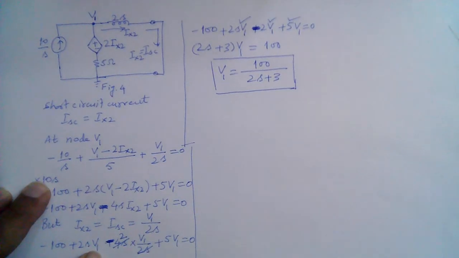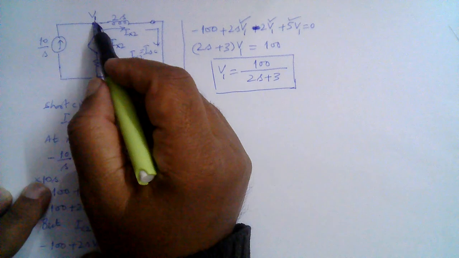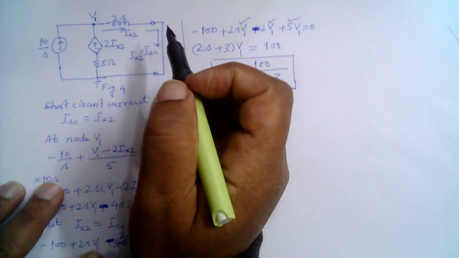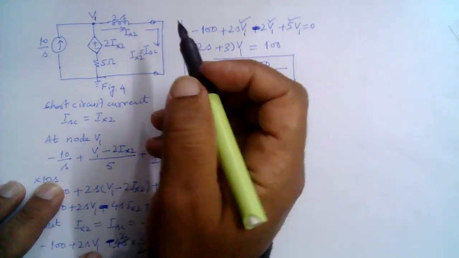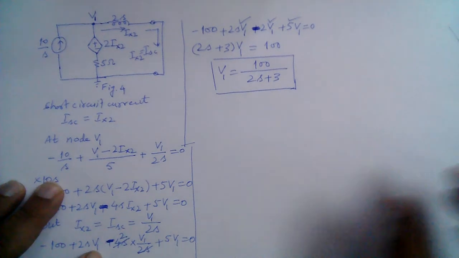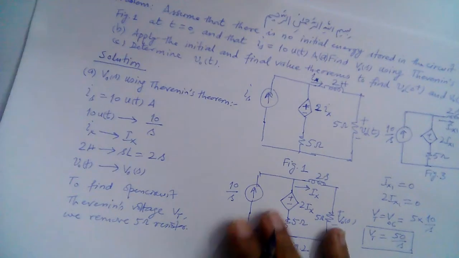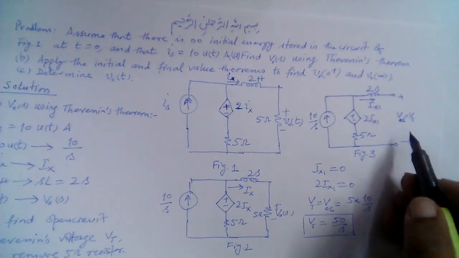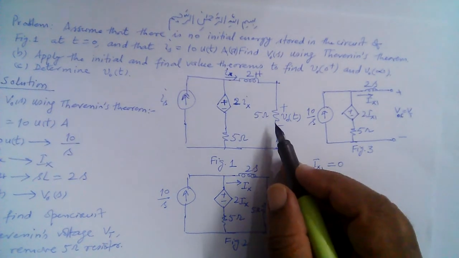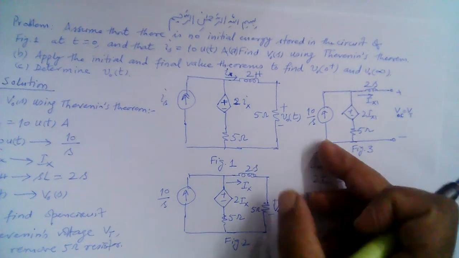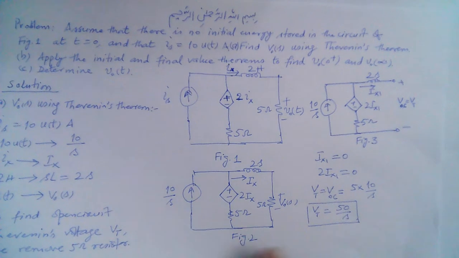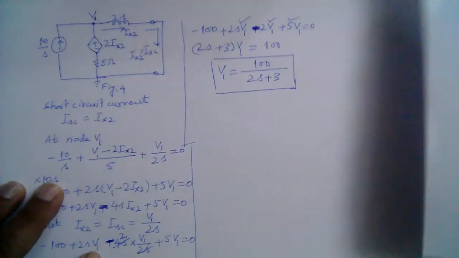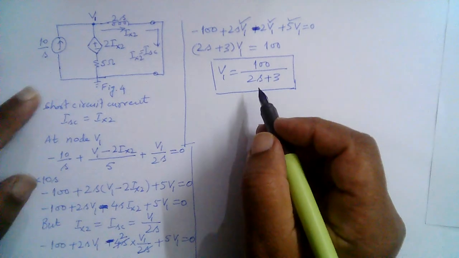So this is the voltage across this node, and we still need to find the voltage across this resistor, and for that we are finding the Thevenin equivalent circuit. We have found out the Thevenin voltage, which is 50 over S, right? And we are now determining the short circuit current.